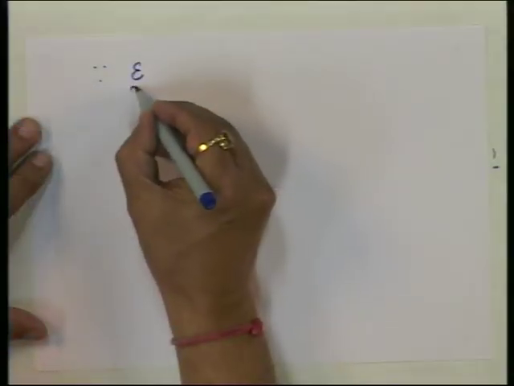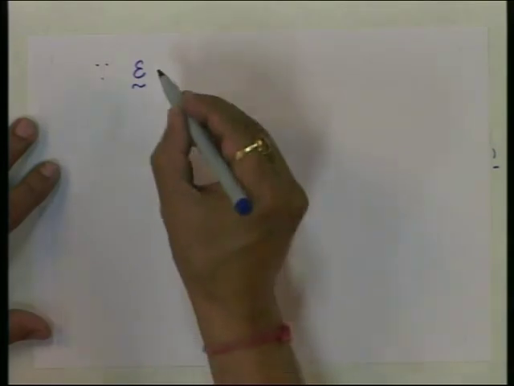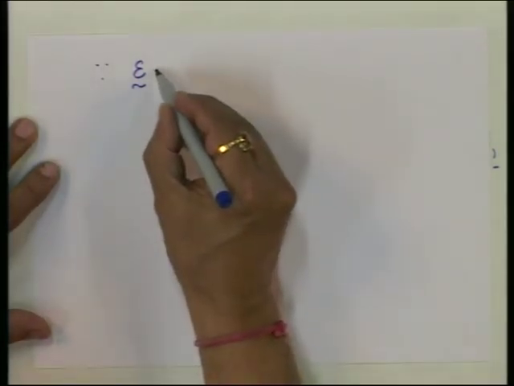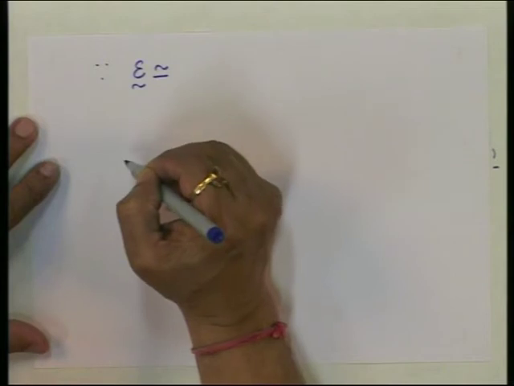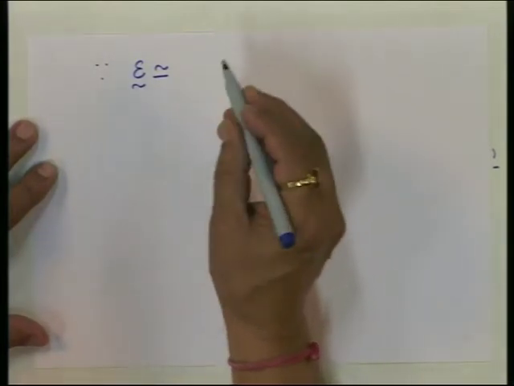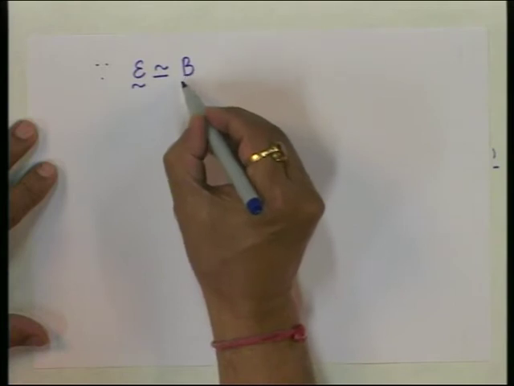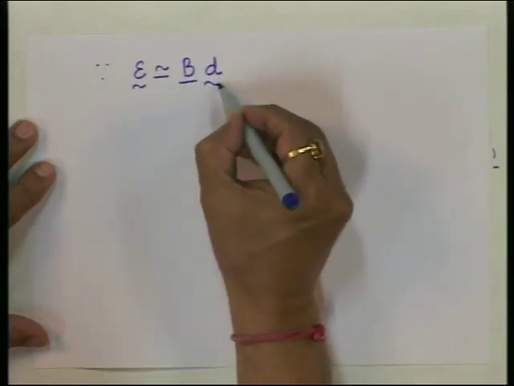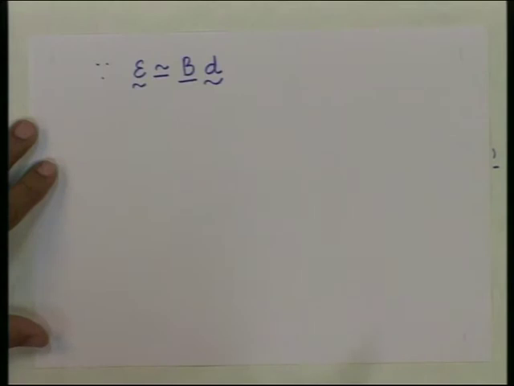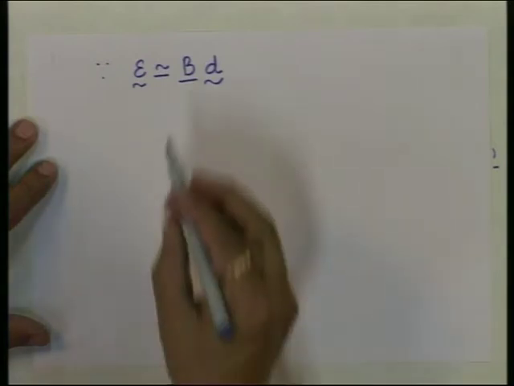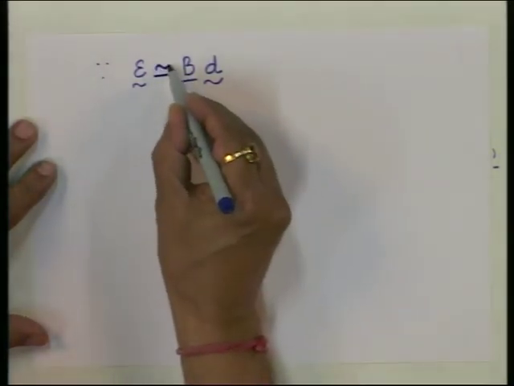Now, strain. We have got a relationship that strain in the body, having discretized this, is written in terms of nodal values of displacement, and it is B times D, is it not? This we have already derived. Strain is B times D, but what is most important is this notation.